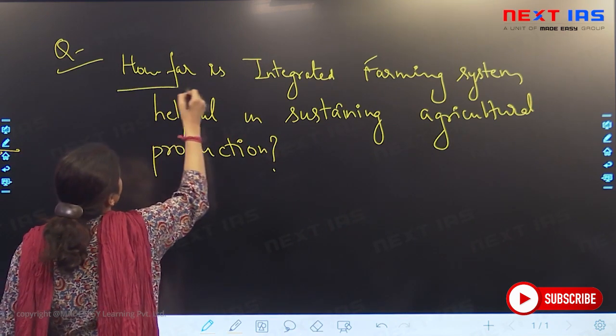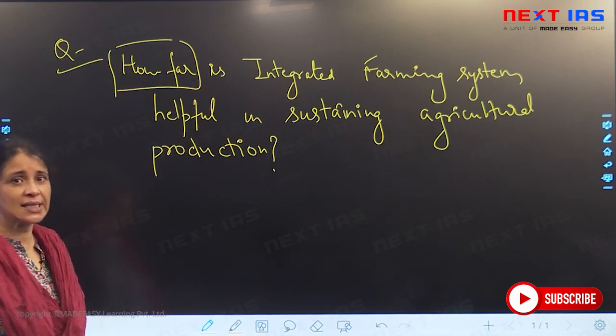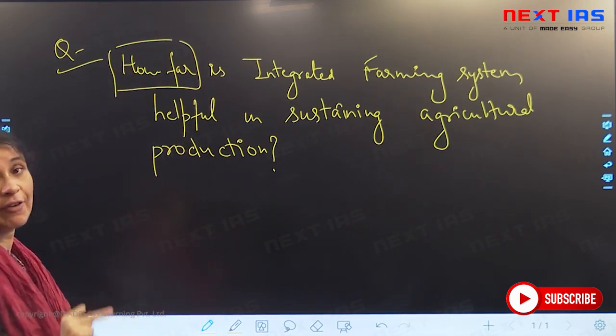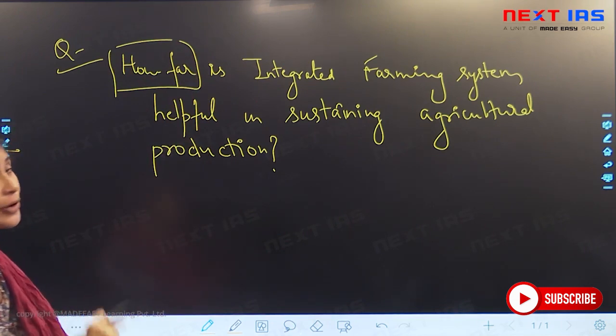Now, how far? How far means, again, how far is integrated farming system helpful in sustaining agricultural production?